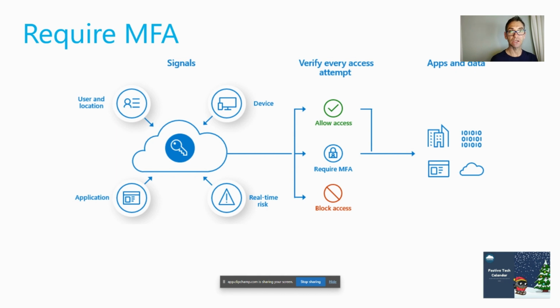So conditional access takes signals from the user identity, the device they're on, the network they're connected to, and some of the real-time risk information and machine learning, and passes those signals through to the conditional access policy engine, where they're evaluated, and depending on those signals and the conditions, either allow access or require MFA or block access.